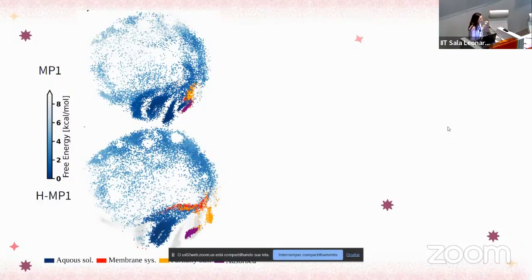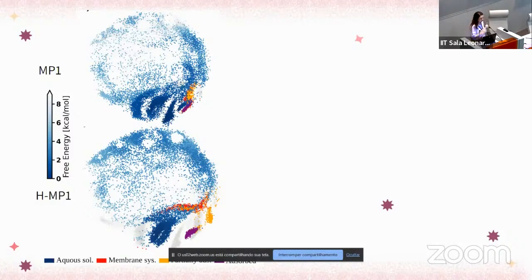The frames that were added from the adsorption simulation are colored red when the peptide is only close to the membrane but not interacting. In the yellow ones, the peptide is interacting with the lipid bilayer, and in purple, it's fully adsorbed. So you can see how it goes from water to the inside of the membrane, looking for its structure.